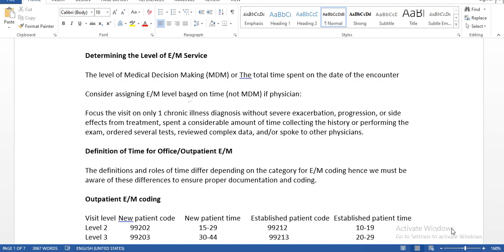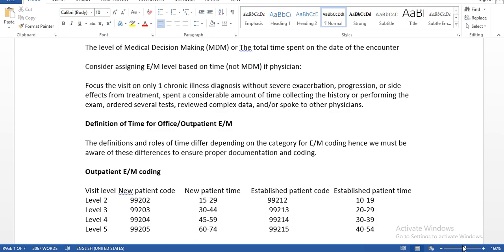So when do we use time basically? When do we use time for leveling the E&M coding? Here, the visit focuses on only one chronic illness diagnosis without severe exacerbation, progression or side effects from treatment.